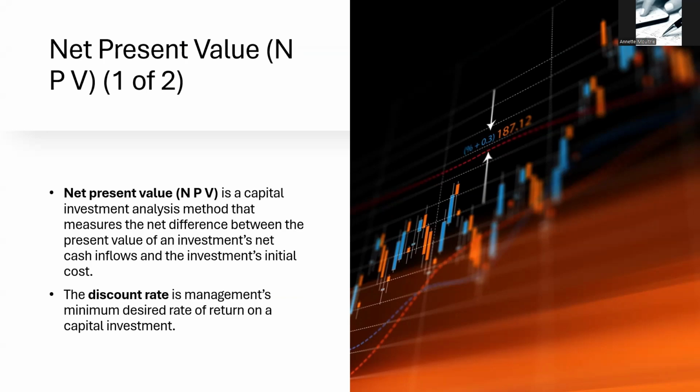And remember, the lottery ticket was only purchased for $5. Okay? So net present value is a capital investment analysis method that measures the net difference between the present value of the investment's net cash inflows and the investment's cost. The discount rate is management's minimum desired rate of return on a capital investment.